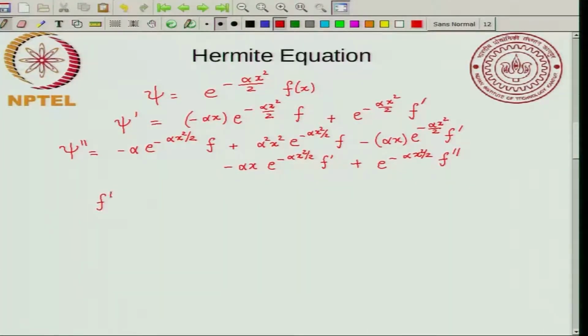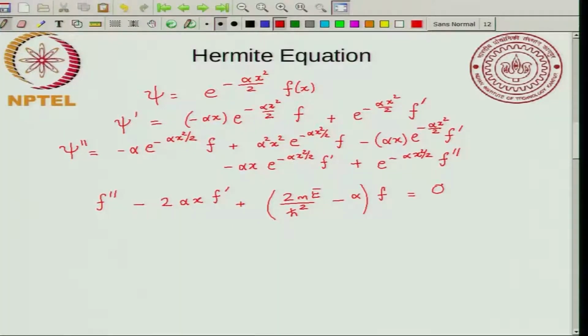I mean, it is not very difficult to show. So I will just say f double prime minus 2 alpha x f prime plus 2 m E by h bar square minus alpha f equal to 0. This is the differential equation for f.